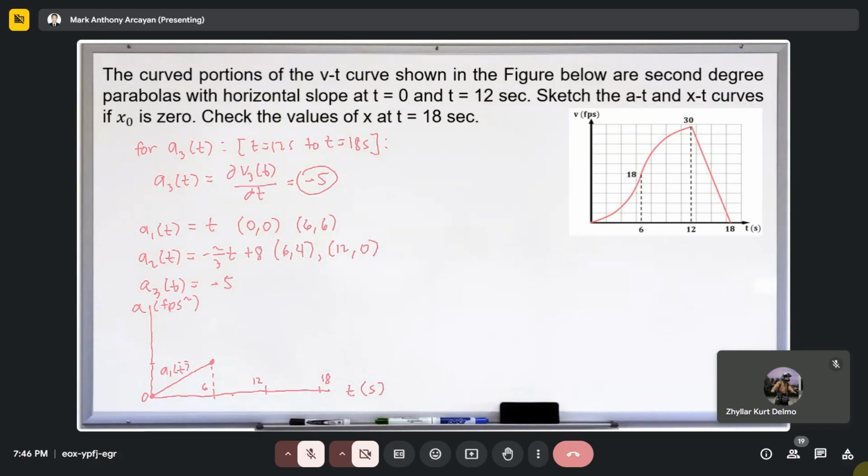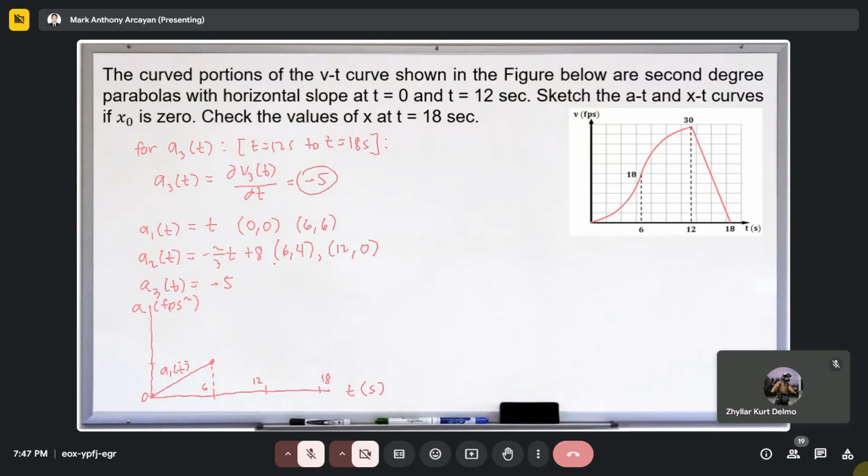Next, we'll proceed to the time interval from 6 to 12 using our second acceleration function, that's negative 2/3 t plus 8. Now, when t is equal to 6, the value of the acceleration is 4, which is different from the previous.